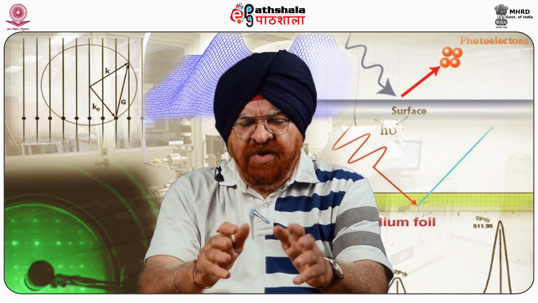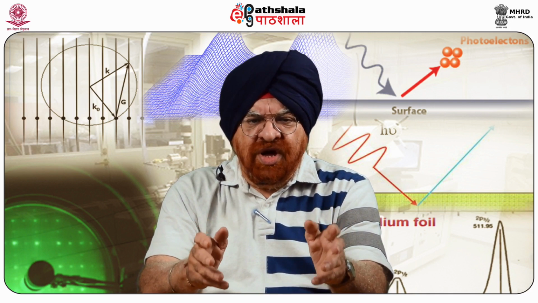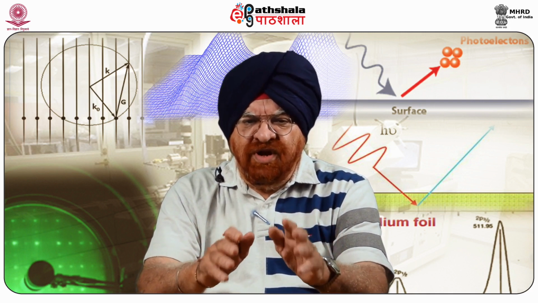They have a very short mean free path length in the sample materials, but also under normal atmospheric conditions. Therefore, one has to set up the spectrometer in UHV, that is, ultra high vacuum.